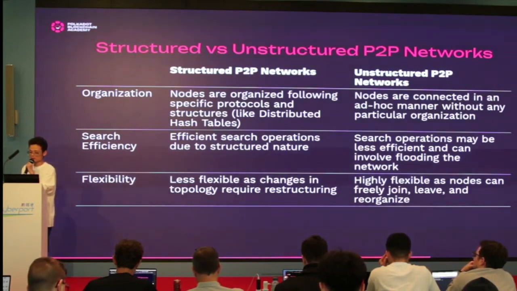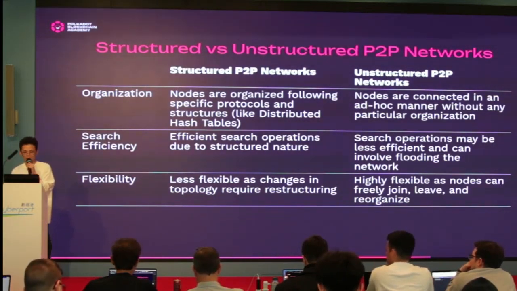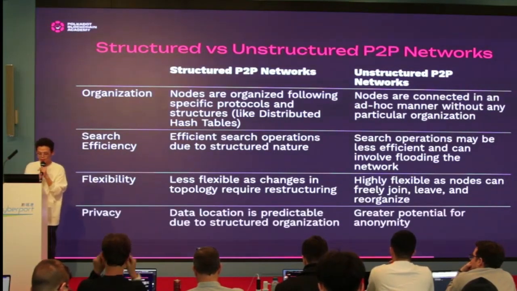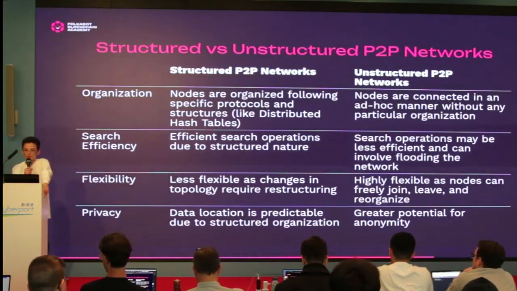I have to say, modern peer-to-peer applications will use structured peer-to-peer networks, because certain infrastructures are demanded to enhance efficiency. Regarding privacy, in a structured peer-to-peer network the data location is predictable due to the structured organization.